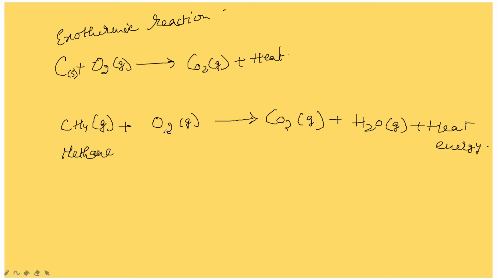See whether the reaction is balanced or not. Can anyone write it down in the chat box? Methane, oxygen. Next one is carbon dioxide plus water plus heat energy. On the left hand side oxygen 2 are there, here 3 are there, it means it is not balanced.